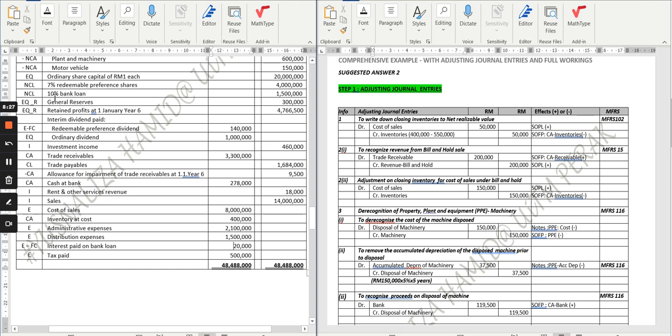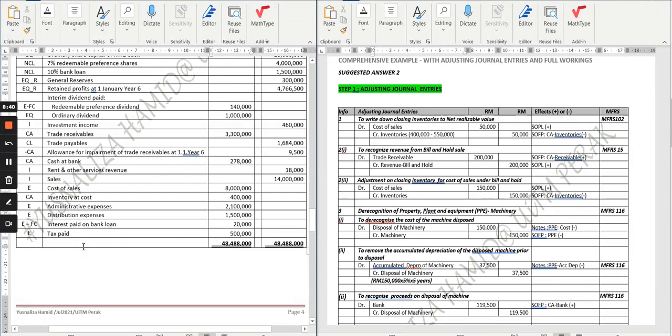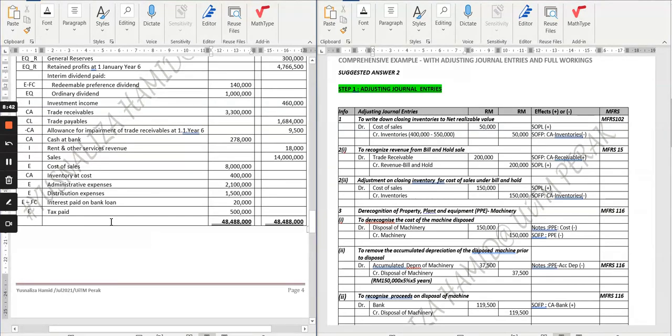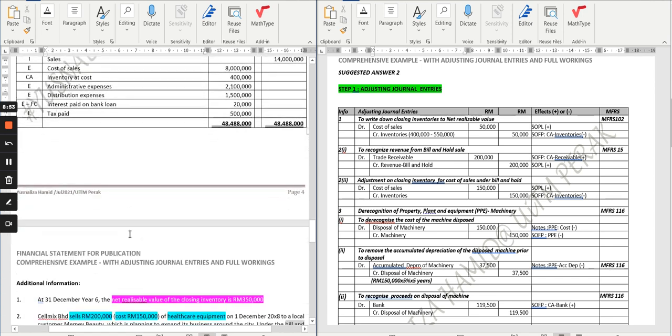So if you just notice, 10% out of 1.5 million was 150,000. So therefore, you will need to check if there is any interest that you need to provide for. There are also things like accrued expenses and your tax paid, that has to be adjusted to find out what is the tax expense. Okay, done.